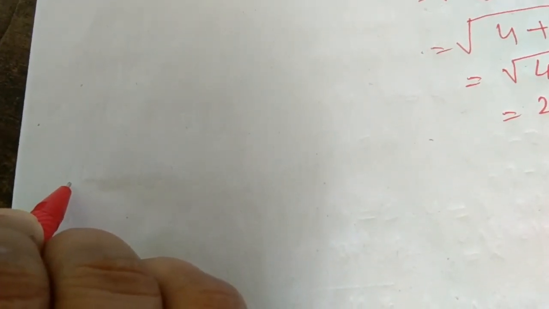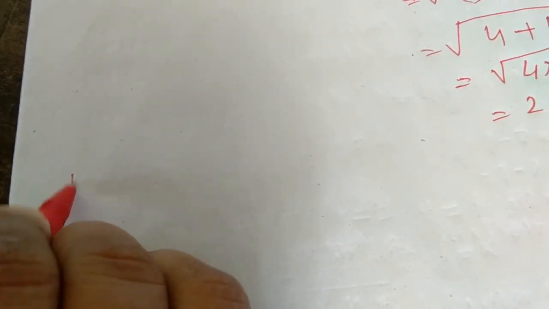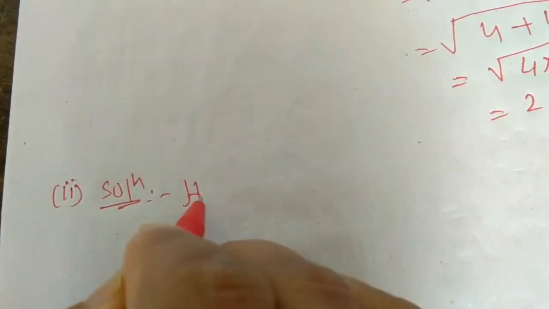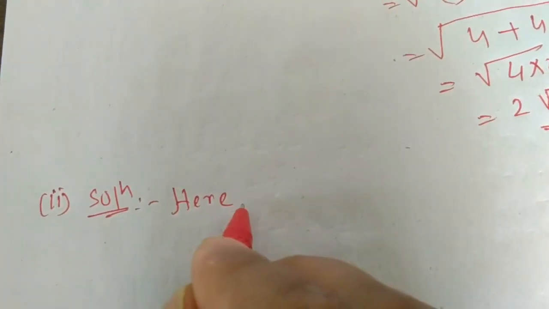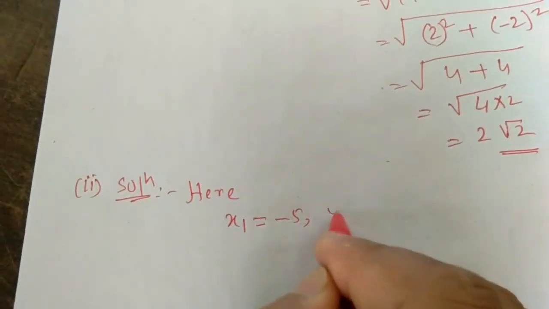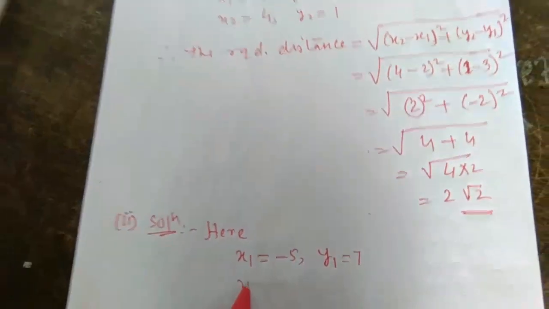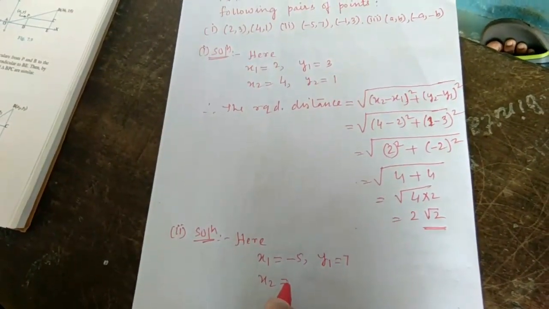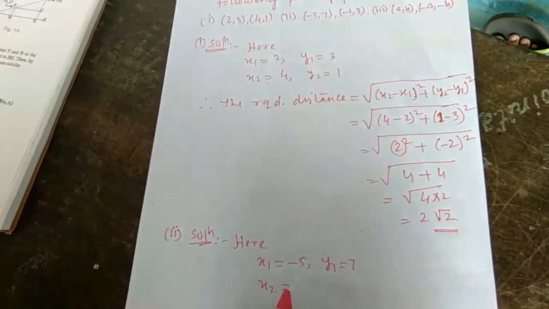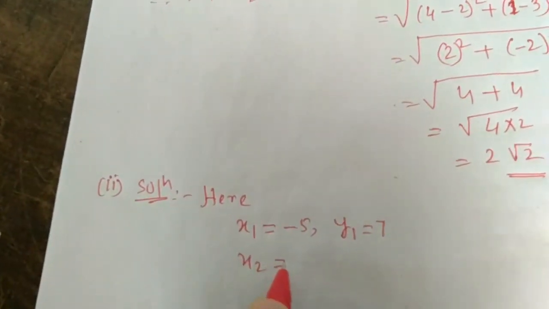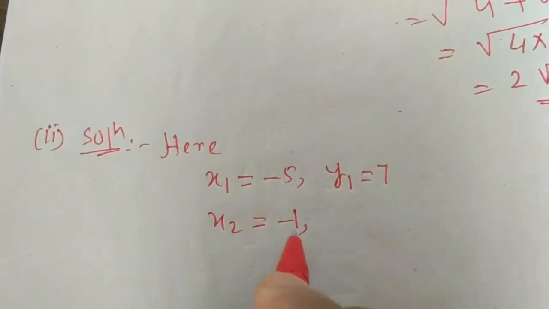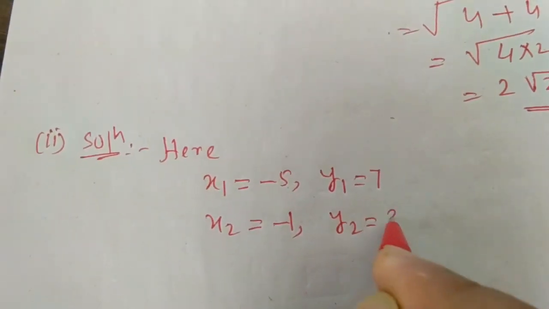Now solution to question number 2. Okay, question number 2. Solution same as before. Here x1 equal to minus 5, y1 equal to 7, x2 equal to minus 1, y2 equal to 3.